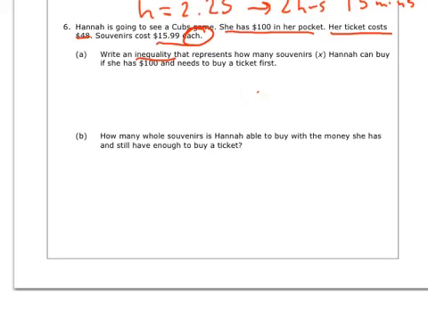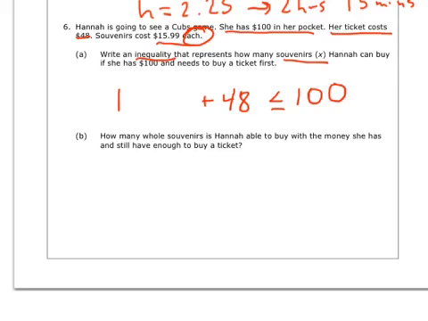So inequality should key you into using one of these. We don't know which one yet. $100 is the maximum, the most that she could spend. So whatever she spends has to be less than or equal to $100. We need to figure out our expression for how much she could spend, and that's what goes over here. The $48 happens only one time, so we're going to add 48. The souvenirs are $15.99 each, and X is our variable for souvenirs.